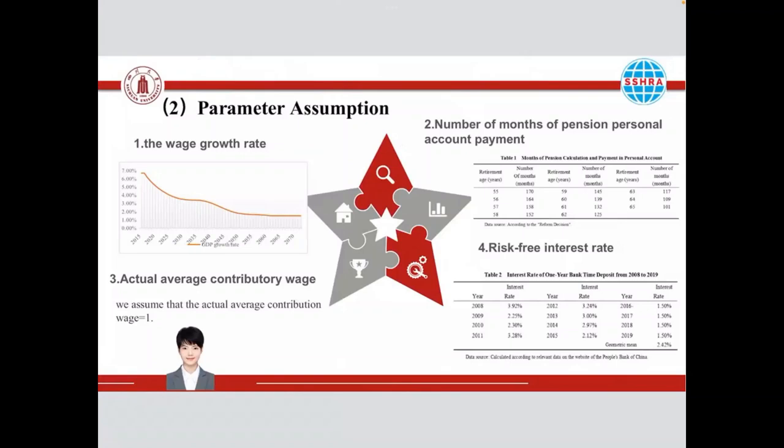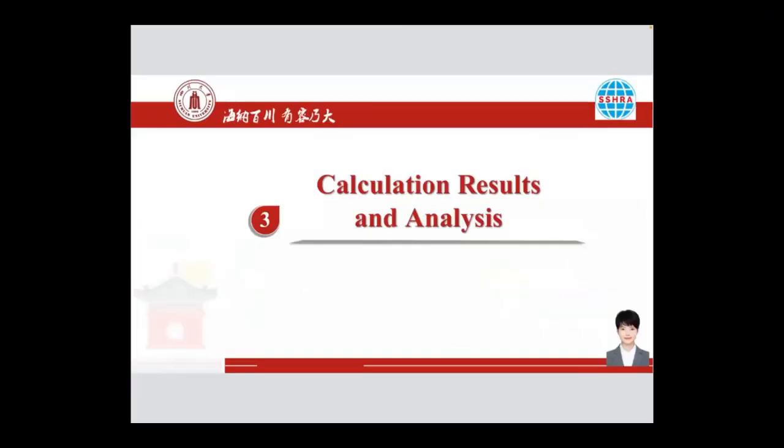We assume that the actual average contribution wage equals 1, and we assume that the risk-free interest rate equals 2.42%.